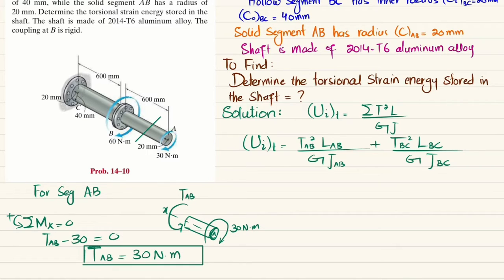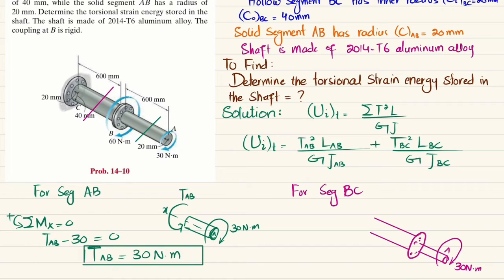Now we will find the torque for the segment BC. I will cut it along any length of BC and draw the free body diagram. So it will be like this. This is BC. There is a coupling over here, and then we have another segment which is segment AB. At point A, you can see you have clockwise torque of 30 Newton meter.